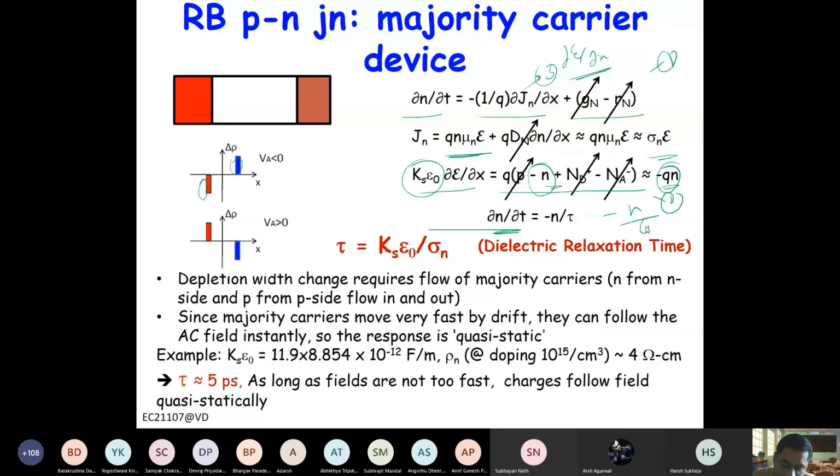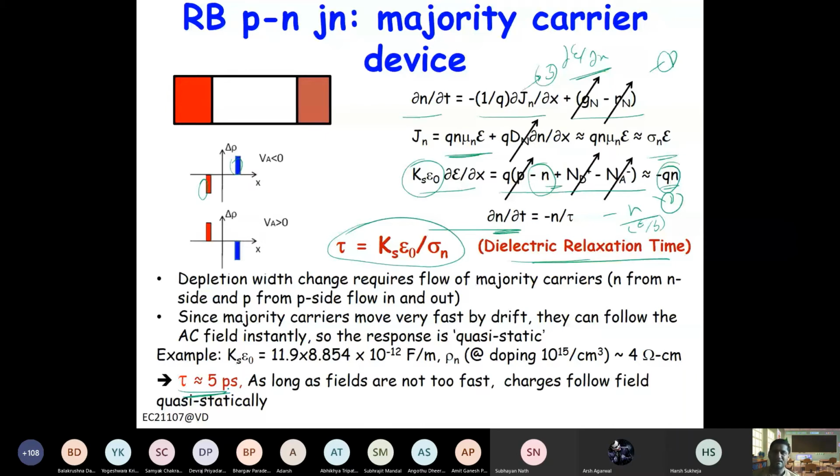And this epsilon by sigma has a name. It's called the dielectric relaxation time, and if you calculate it for silicon with typical doping, it comes out to around 5 picoseconds. So it's on the order of picoseconds, right? That means majority carriers respond very fast. Now you can compare this with the minority carrier lifetime, which runs into the order of a few tens of microseconds, right?